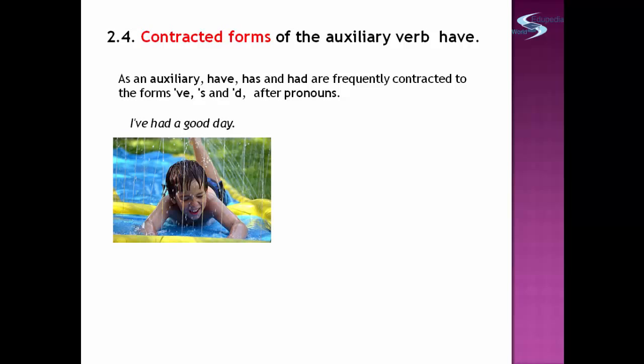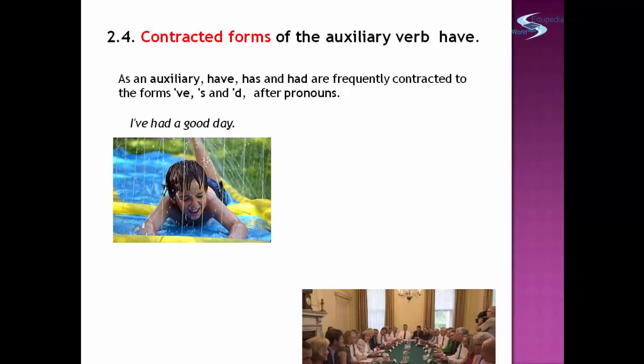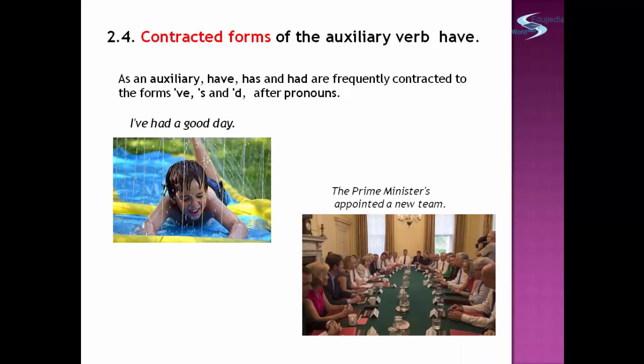I've had a good day. I've is a contraction of the words I and have. The Prime Minister's appointed a new team. There is a contraction plus S in the word Minister's.